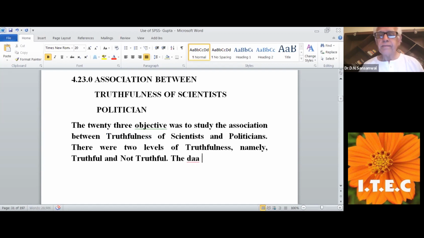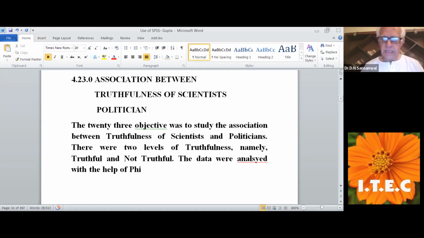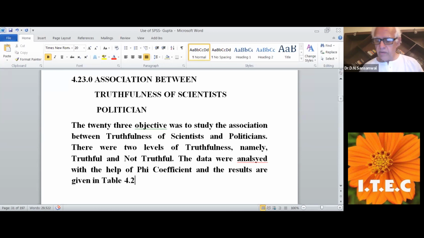The data were analyzed with the help of phi coefficients and the results are given in table 4.23.